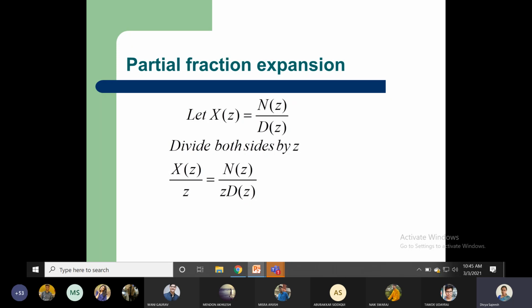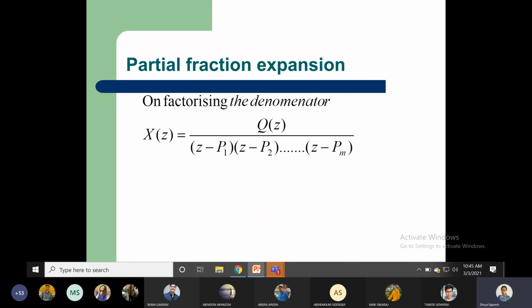On the right hand side, the denominator will be multiplied with z. So let us redefine the numerator n of z by z as q of z, just for derivation purposes.